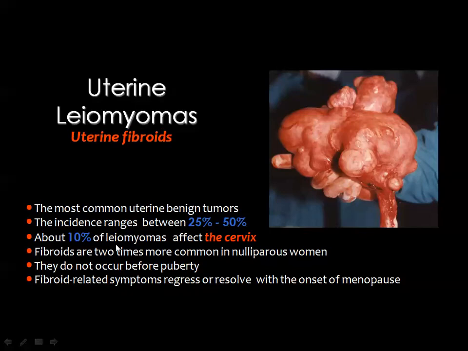About 10% of leiomyomas will occur in the cervix, but most of the uterine fibroids are seen in the uterine corpus. This is very common in patients with no children, and also is very common after menopause.